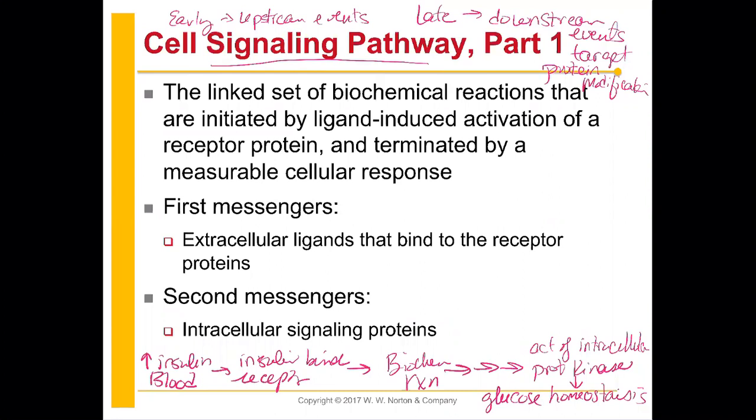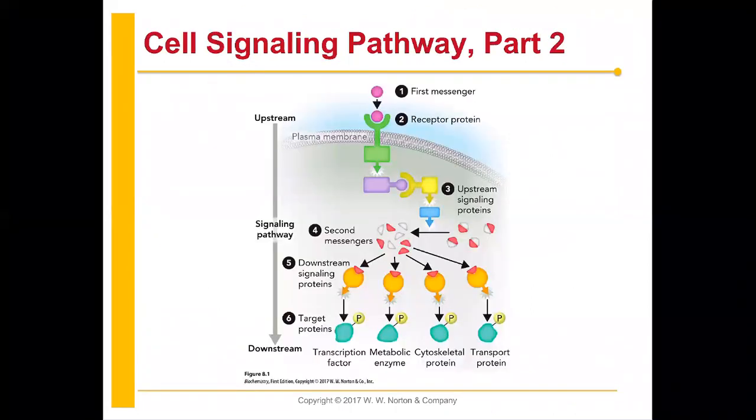Then inside the cell, we're going to have intracellular signaling proteins, and those are our second messengers. So first messengers are our ligands that we've been talking about, and second messengers are all intracellular. Kind of remember that. So here's a diagram that walks you through one possible example, just one.